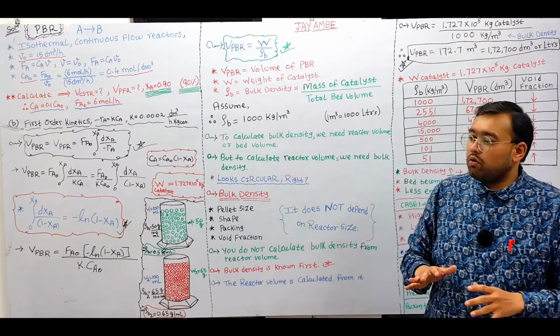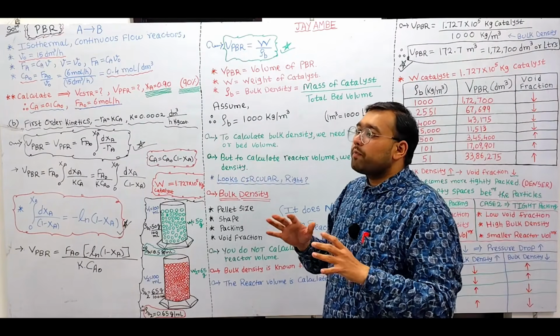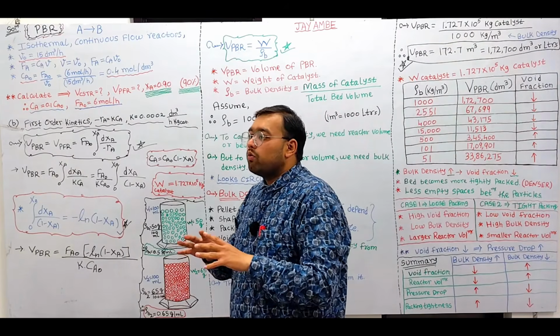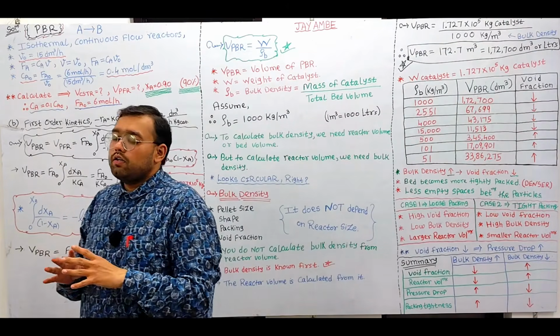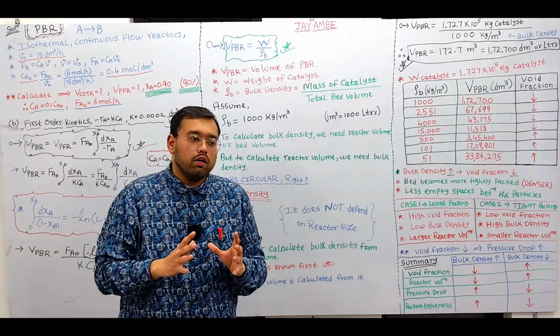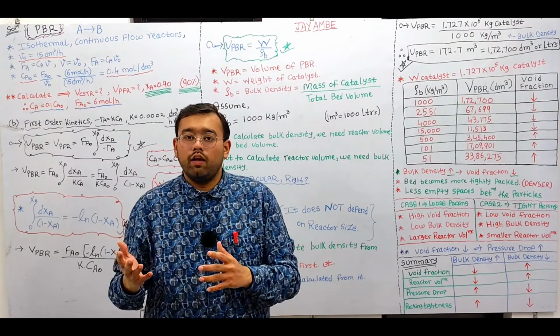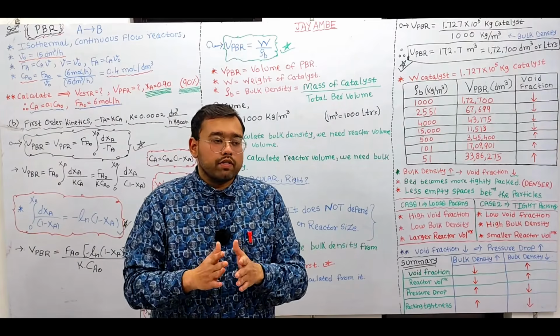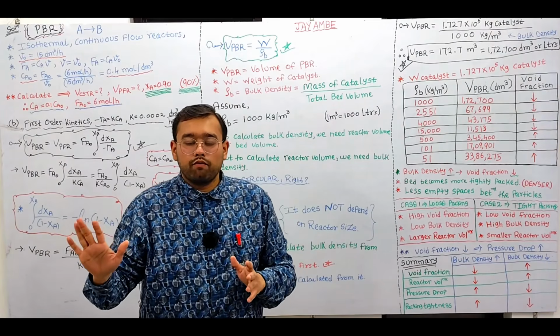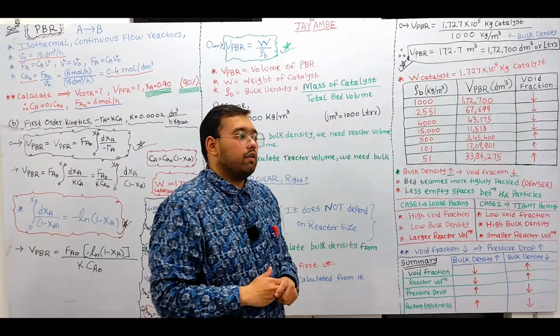So we need to understand what a Packed Bed Reactor is. I request you to recall: the Packed Bed Reactor is a tubular reactor. The PFR is also a tubular reactor. Then what is the principal difference between the plug flow reactor and the Packed Bed Reactor?